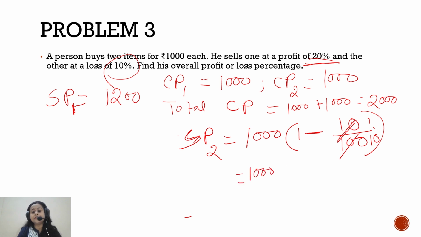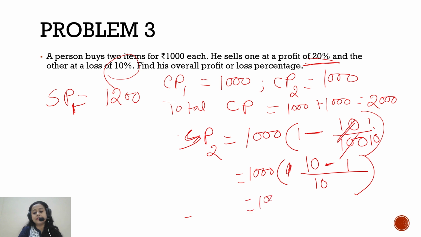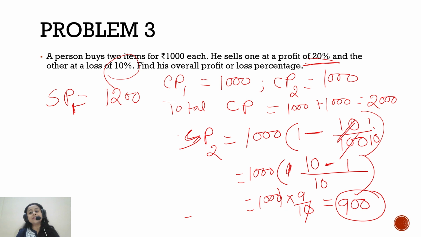So 1000 into 10 minus 1 by 10, which is 1000 into 9 by 10. Okay, and 0 will cancel out, and finally we will have 900 as the selling price. So the selling price of the second item is 900.